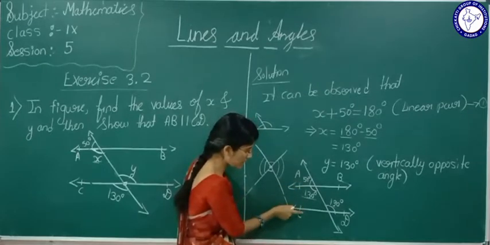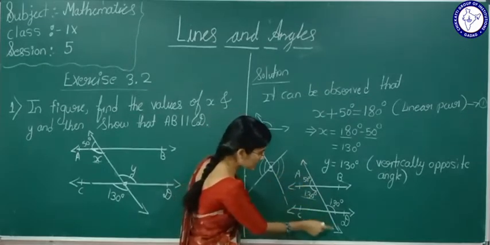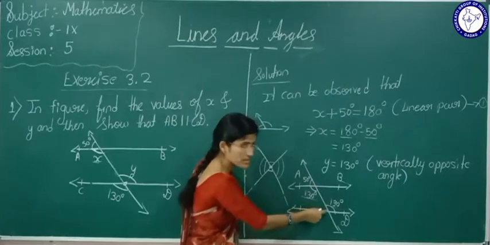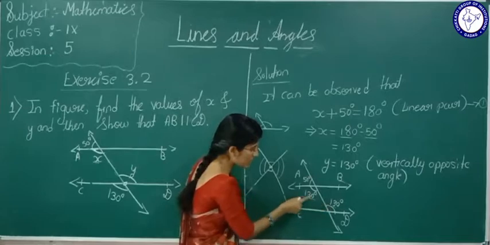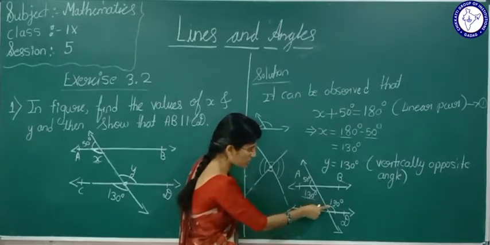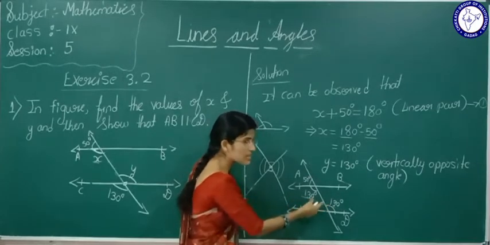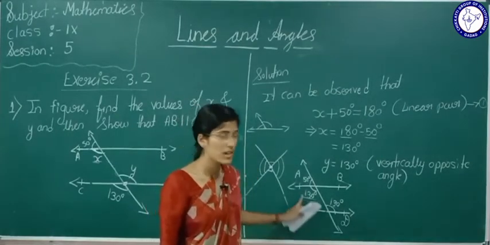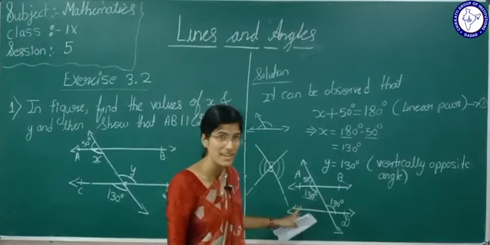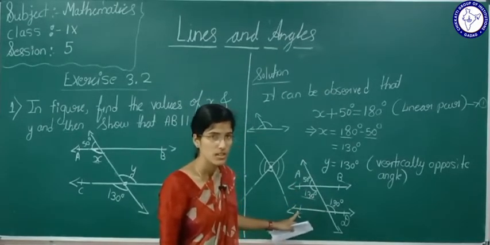Two lines are there, and one line is intersecting at two different points, such that the alternate interior angles are equal. If alternate interior angles are equal, then the two lines are parallel. Yes or no? Is it understood?